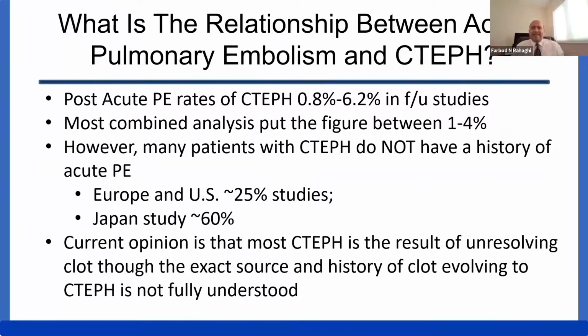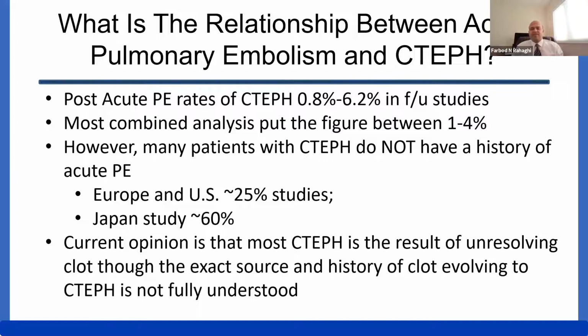So I think the graphic we just went through kind of answers this question, but it's a very specifically chosen example. The truth is that the relationship between acute pulmonary embolism and CTEPH is not as well understood as we like to think when we are showing these examples.